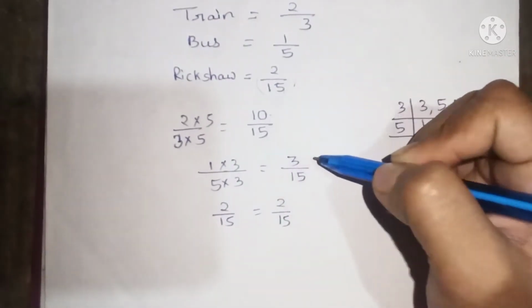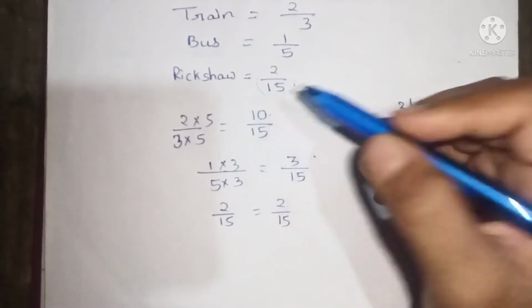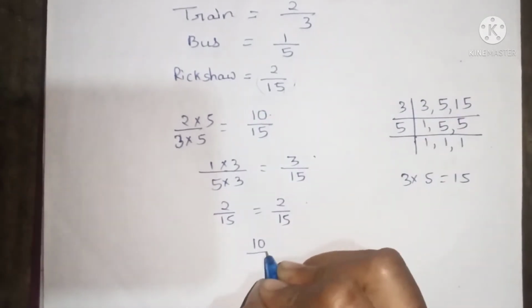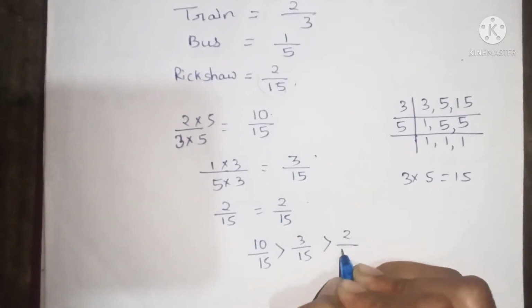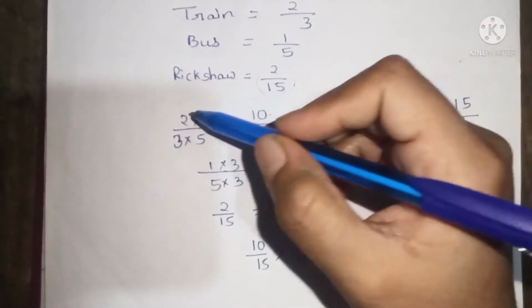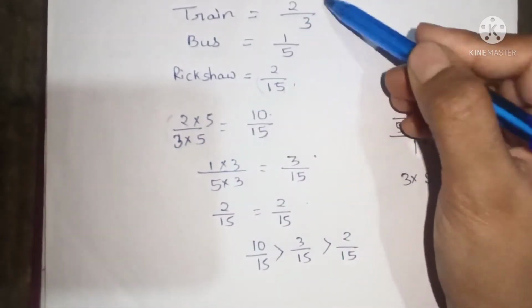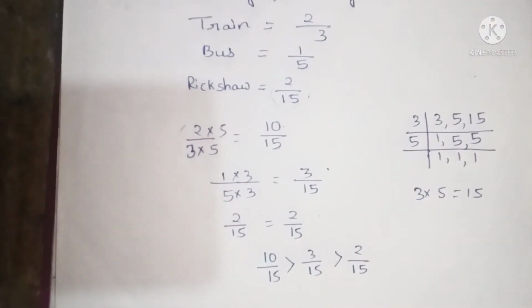Now 10/15, 3/15, 2/15, which is greater? Of course 10/15 is greater than 3/15, greater than 2/15, right? So 10/15 means 2/3. That means by train. So what can we write ultimately?